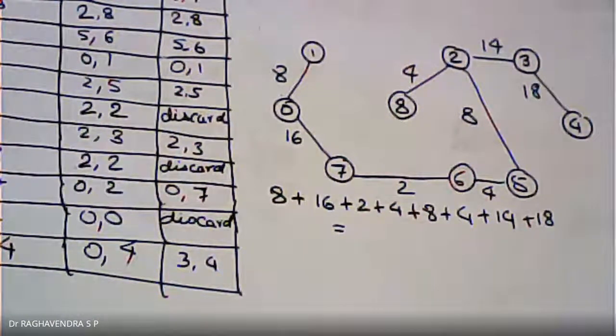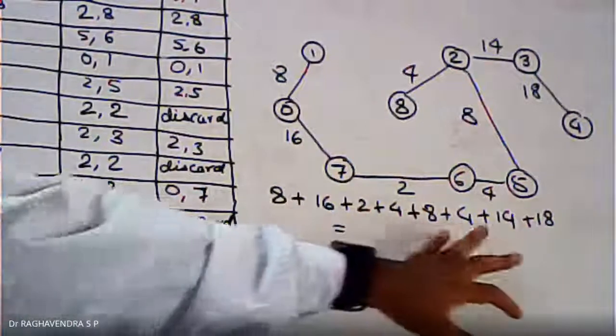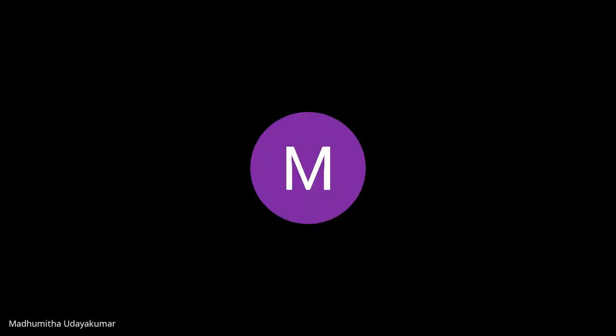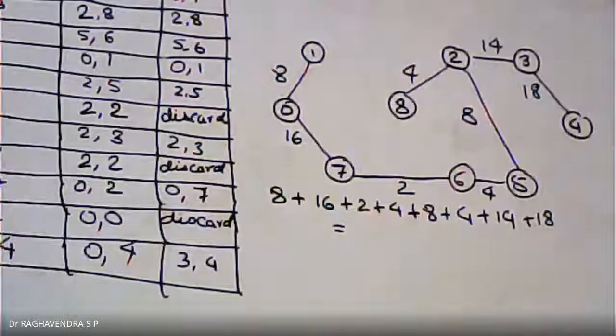You will need this much time to sum up all these things. 70. How much? 74. 8 plus 16 plus... Look again. 74, sir. 74.